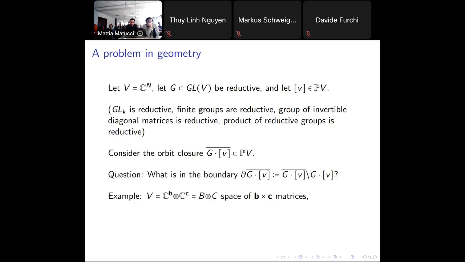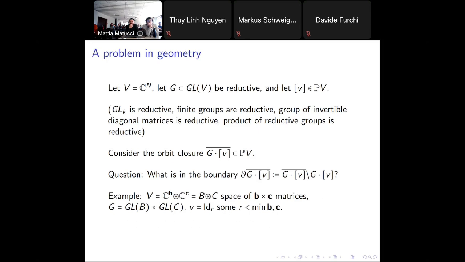So let's give some examples to convince you that this is an interesting question. First, let's take the space of matrices, our group the changes of bases, and our matrix will look like the identity padded by zeros. Kind of the simplest thing you could think of.